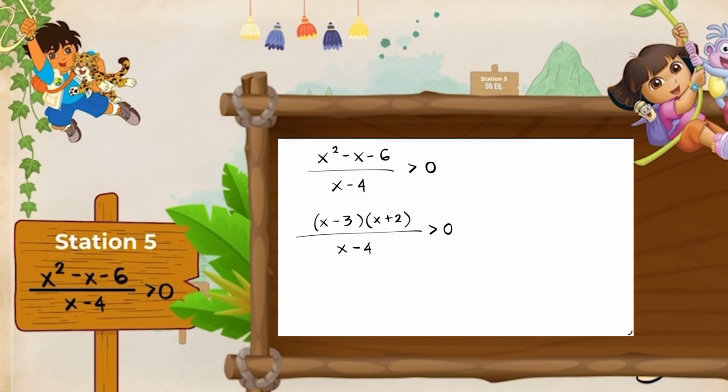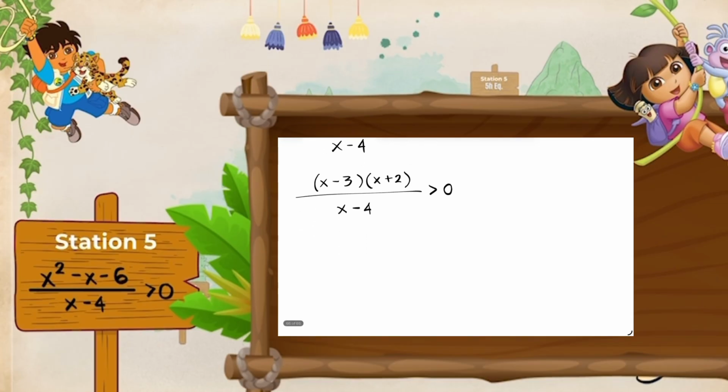So let's get the critical values. Since there's no equal sign on the inequality, there will be no included critical values. So x minus 3 is equal to 0, x plus 2 is equal to 0, and x minus 4 is equal to 0. x is going to be positive 3, negative 2, and positive 4.